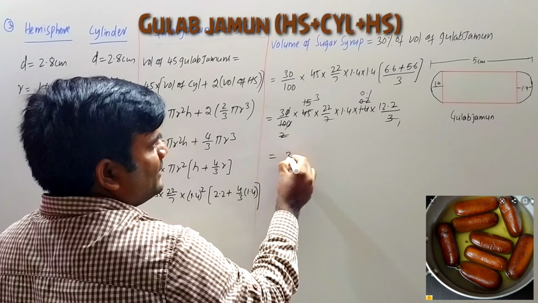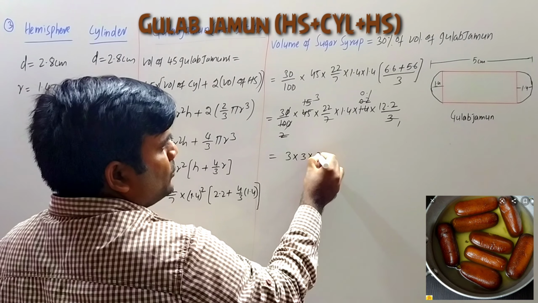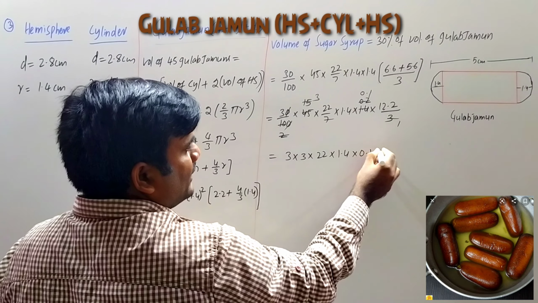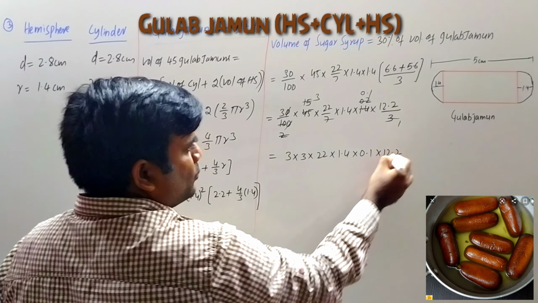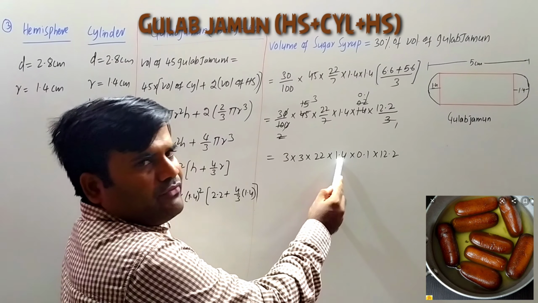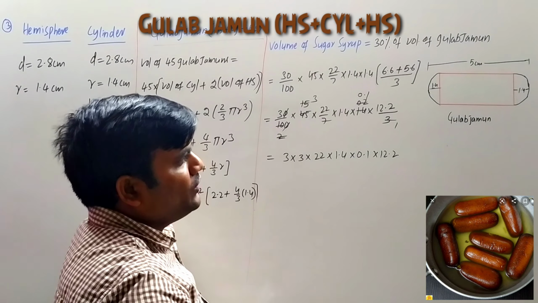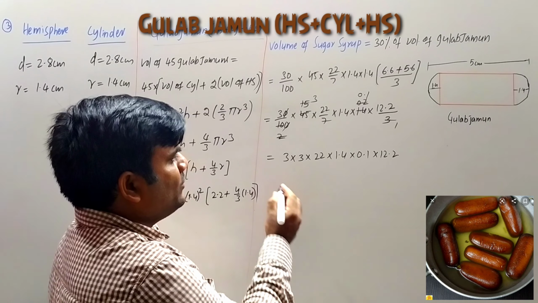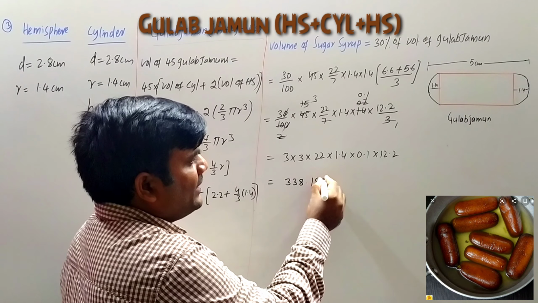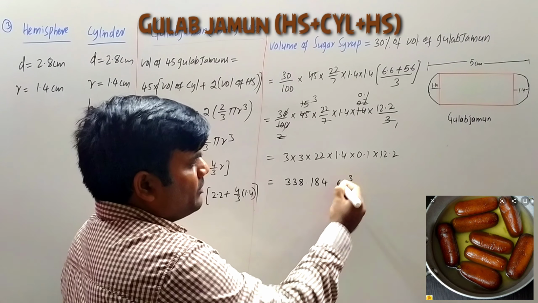So the remaining numbers are 3 into 3 into 22 into 1.4 into 0.1 into 12.2, which is equal to 338.184 centimeter cube.